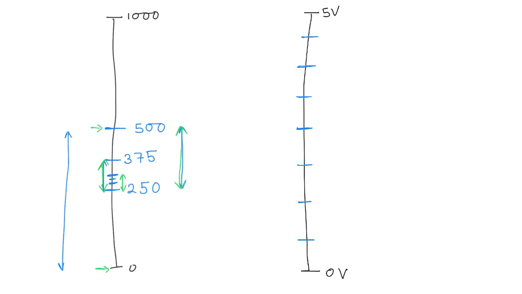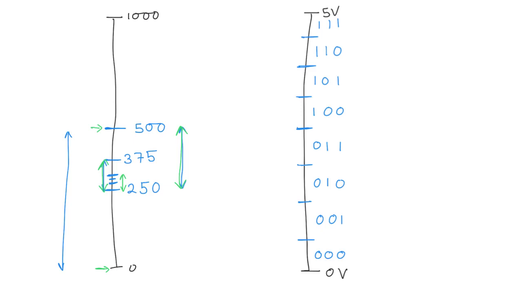And we want to denote each interval with a digital number: 000, 001, 010, 011, 100, 101, 110, and 111.